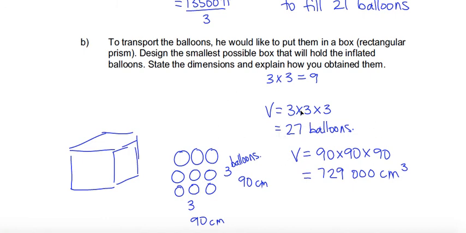So I can hold 27 balloons in my 3 by 3 by 3 box, or my 90 by 90 by 90 box, right? So 3 balloons by 3 balloons by 3 balloons. You might have another configuration of your box, and that's okay, as long as you can fit all 21 balloons inside of your box.